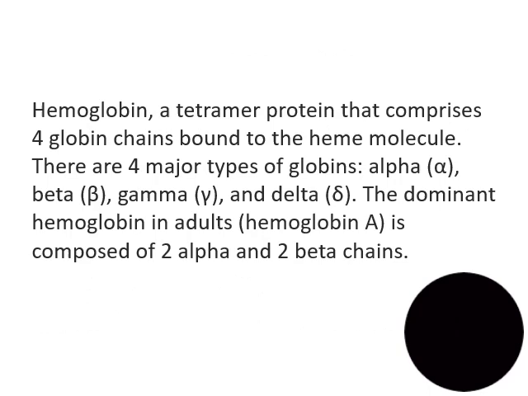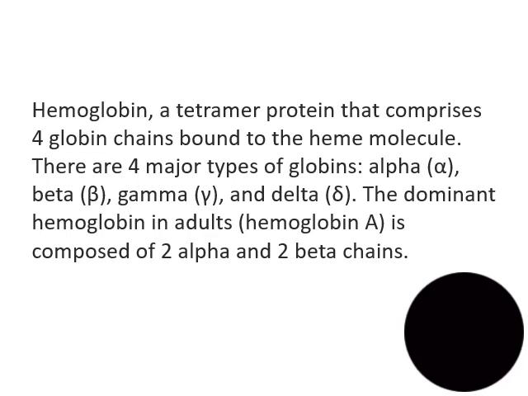As you know, hemoglobin is a tetramer of a protein that is connected to a heme molecule. And this protein tetramer is composed of 4 globin chains, and you have different forms of hemoglobin.